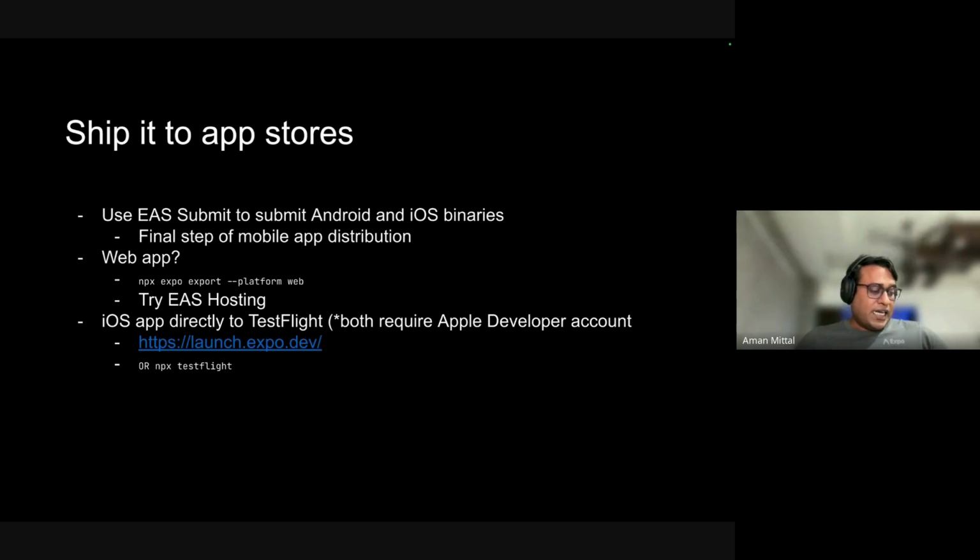And if you don't want to run a bunch of commands and just want to ship your app directly to TestFlight, you can use launch.expo.dev today. It currently supports iOS apps. It just asks you a bunch of questions and details about your Apple developer account, which is a requirement here. Or you can just use npx testflight, which will also walk you through the same process, but from a command line interface.